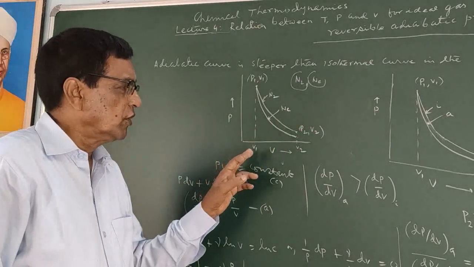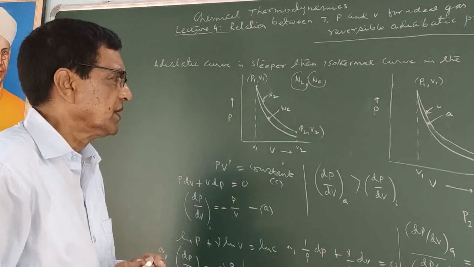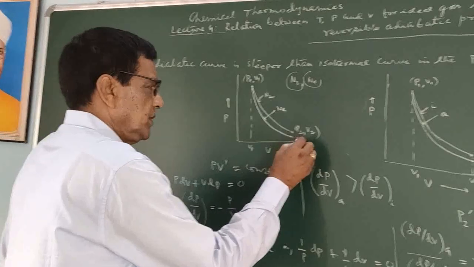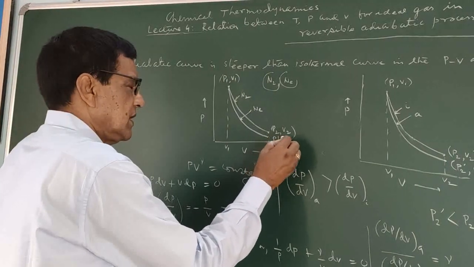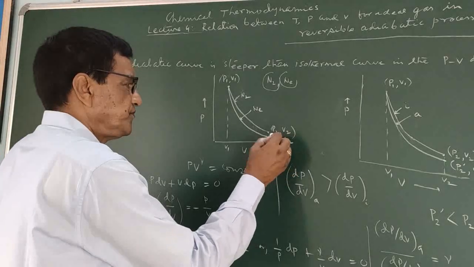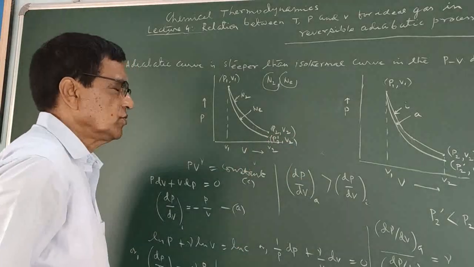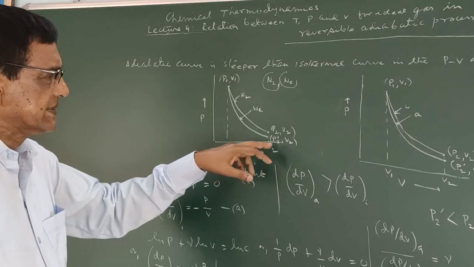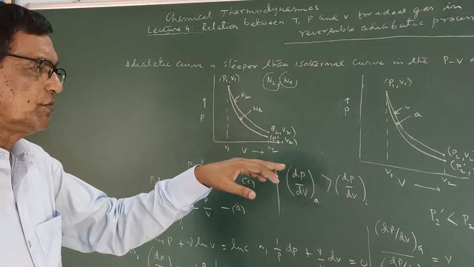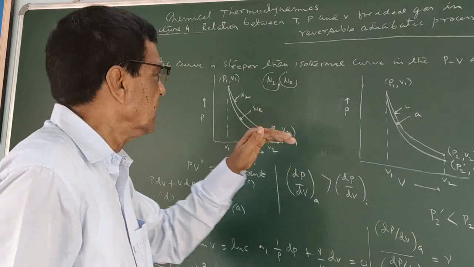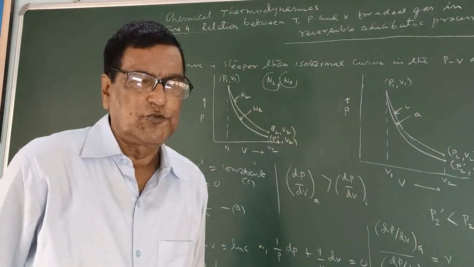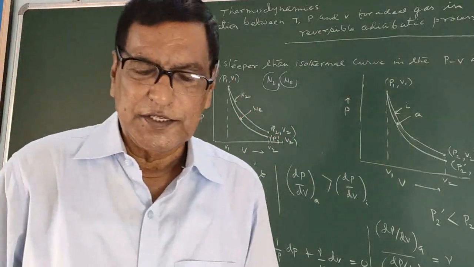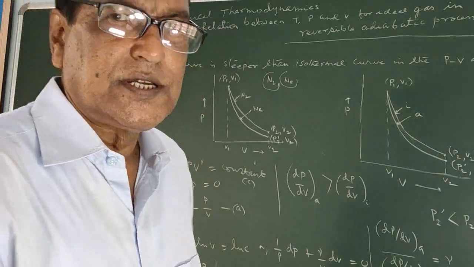Both volume changes will be the same, but here it will be P2 dash and V2. So for neon, P2 dash will be less than P2. This is another type of question generally asked in interviews. Next.